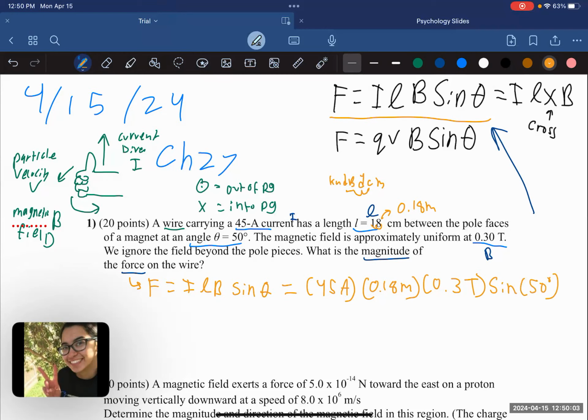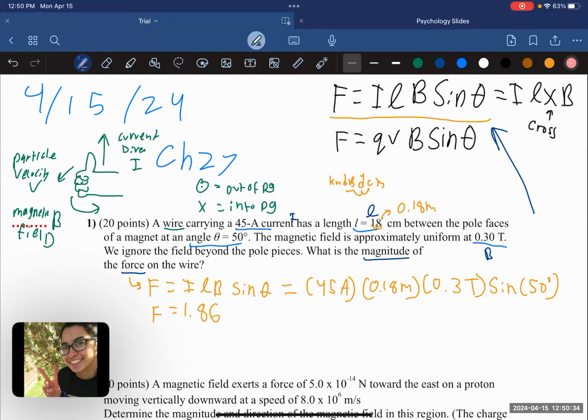If we go ahead and plug that in, we get 0.3 sine 50. I got force is equal to 1.86.